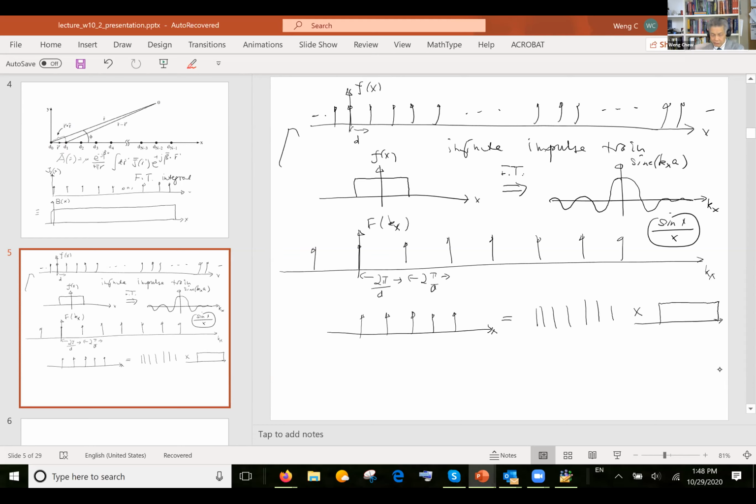What would be the Fourier transform of this then? The Fourier transform of this would be equal to the Fourier transform of this convolved with the Fourier transform of this. This Fourier transforms to a sinc function, but this Fourier transforms to another infinite impulse train, but with different spacing. So you can right away figure out what the Fourier transform of a finite impulse train is.